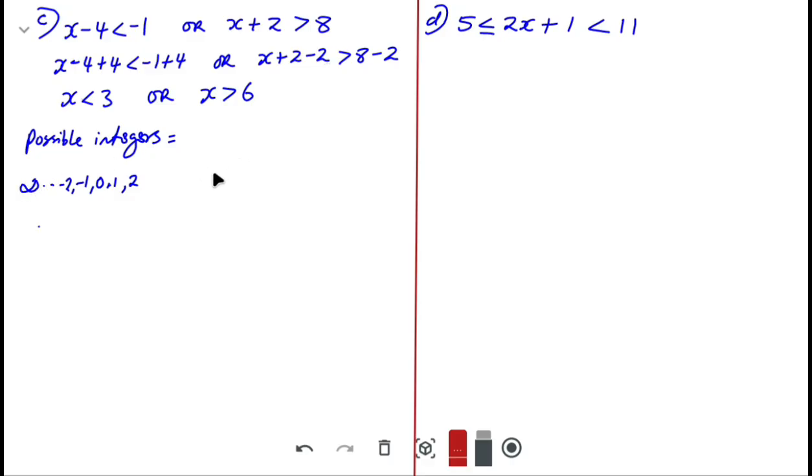And for the second solution, x greater than 6, we have 7, 8, 9, 10 to infinity. So these are the possible integers of the two solutions. Let's consider the fourth question.